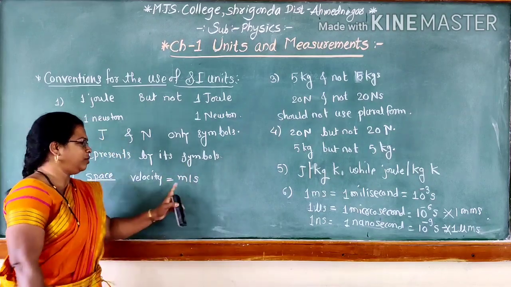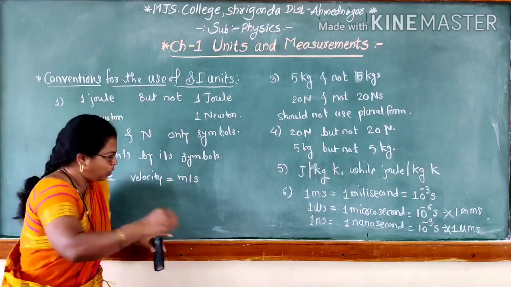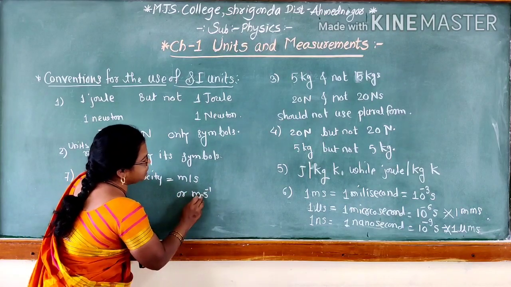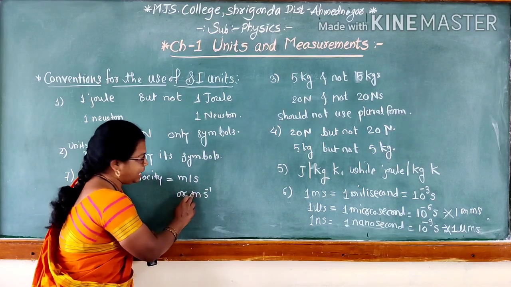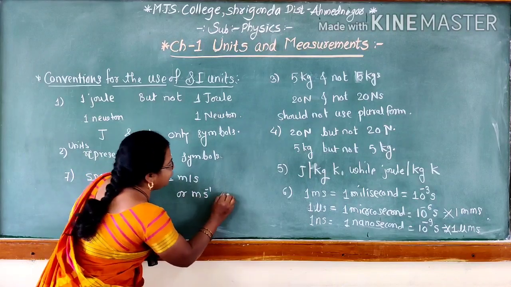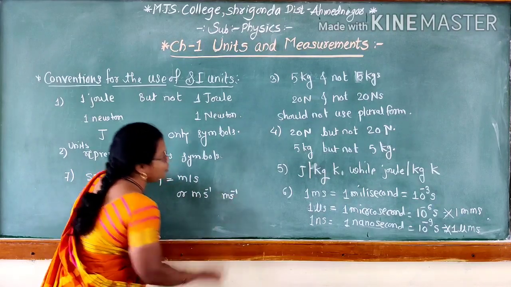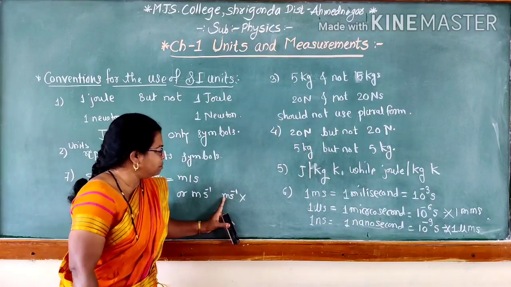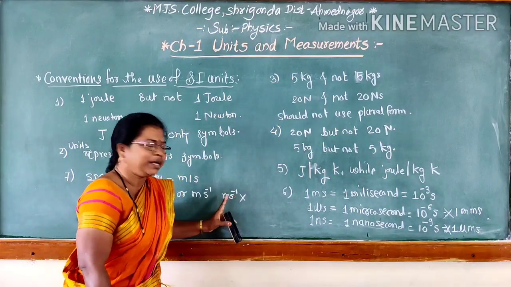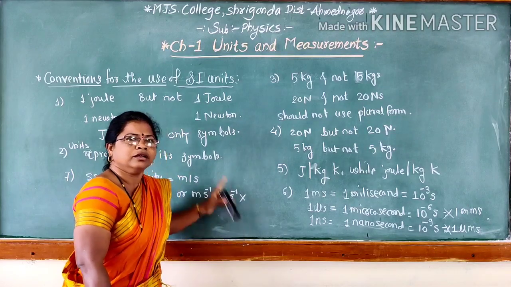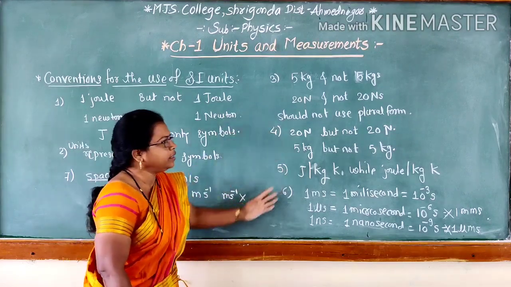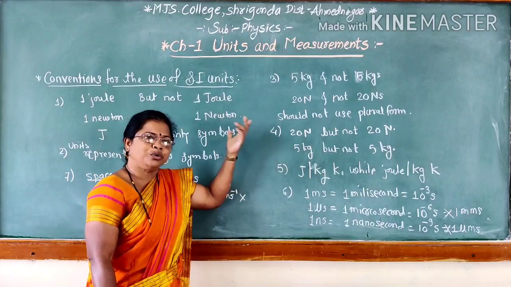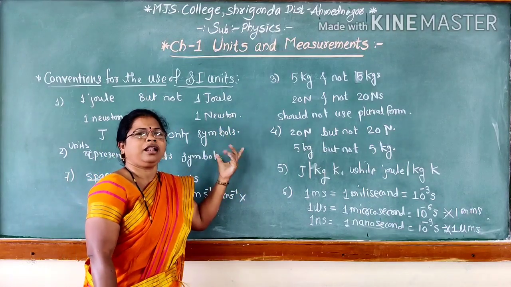We have to write it as meter per second, or meter second raised to minus 1, with a little space in between these 2 units, and not as one joined word. If we write it in a joined way, then it is read as millisecond. So these are all the conventions to follow when we are giving units to a given physical quantity.